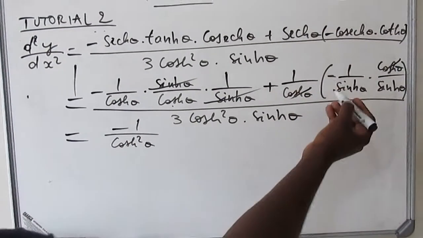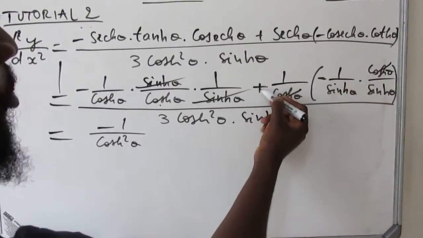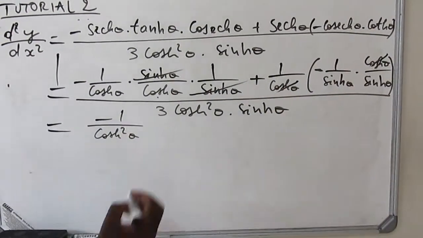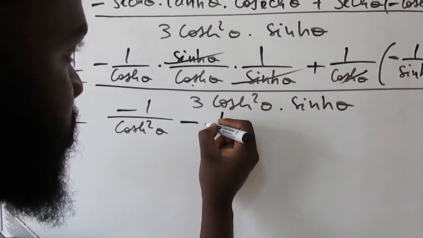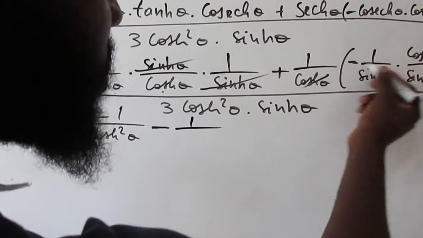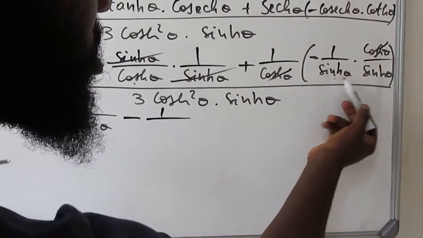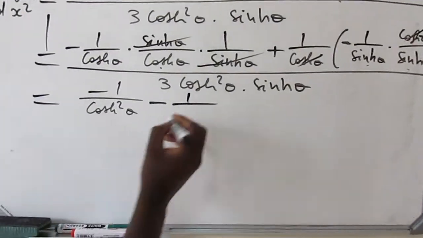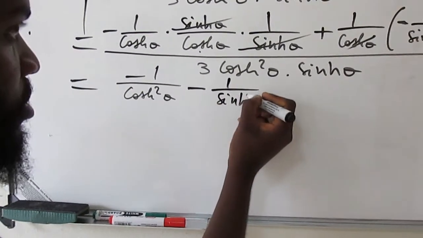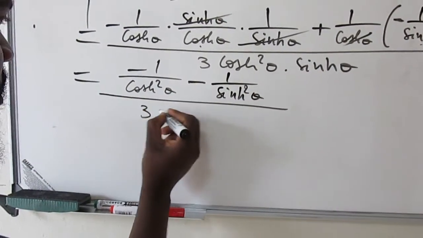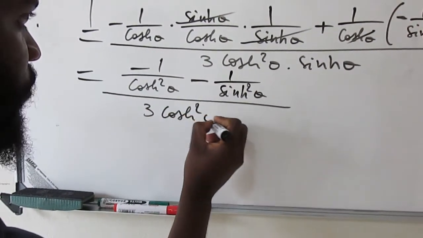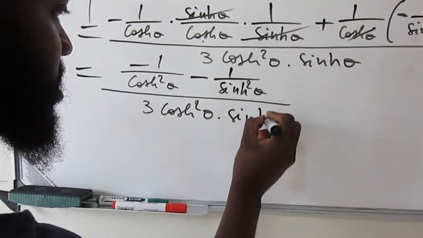And the other side, you have a negative sign here with a positive sign, is going to be negative. So we put the negative. Then 1 over, there is only one that remains there on top, sinh times sinh, which is sinh squared. We put there sinh squared of theta. All of this over 3 cosh squared of theta multiplied by sinh of theta.